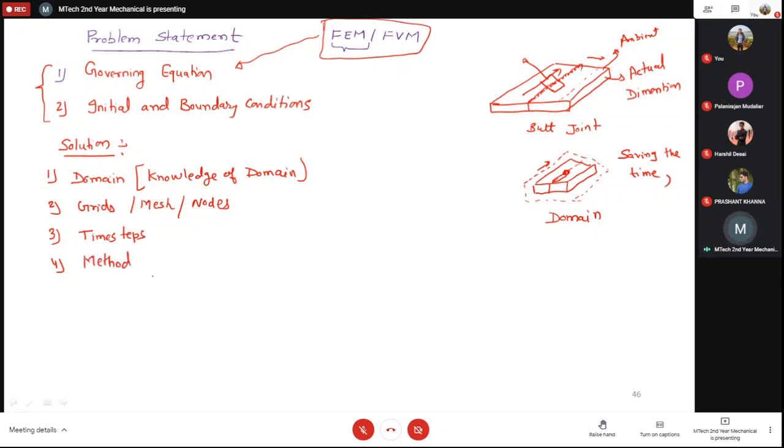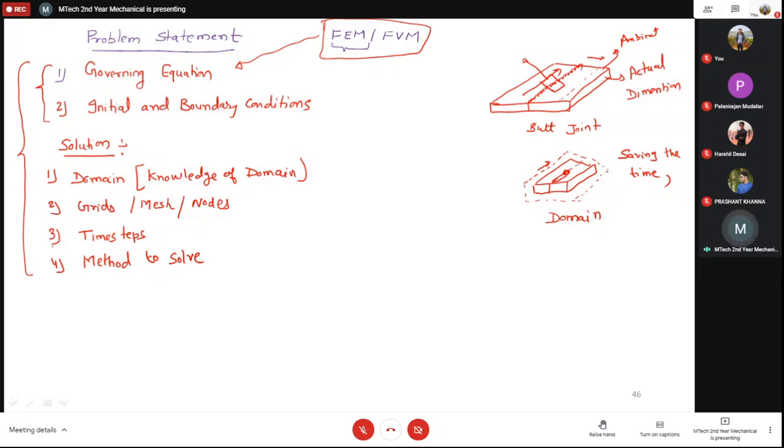Even in FEM we have different solving approaches which we use for various problems. So which method suits our problem statement? All these things combined will give us the information about the problem statement.